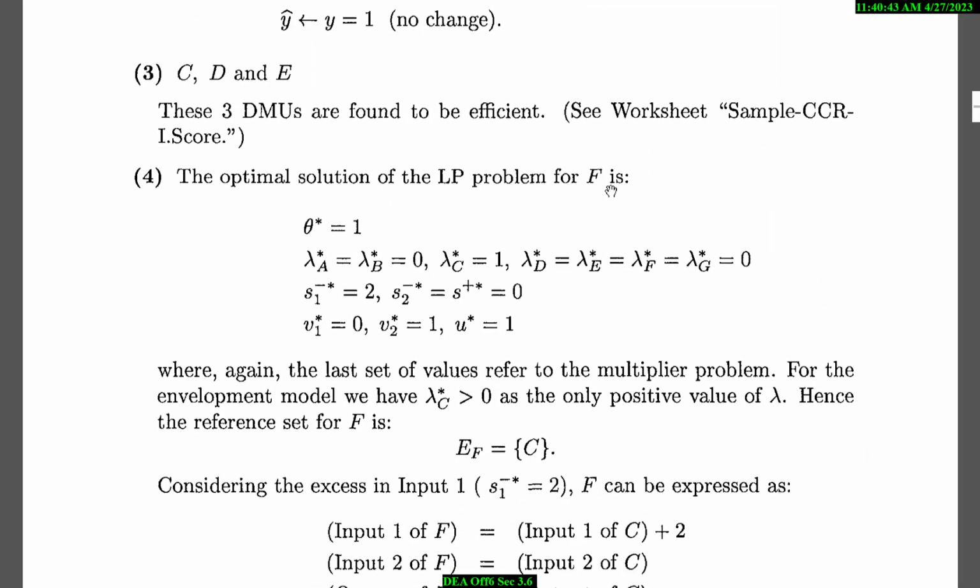For F, this is the optimal solution of the envelopment and the weighted model. You see theta star is 1, but we have a slack for the first input. This shows F is weakly efficient.